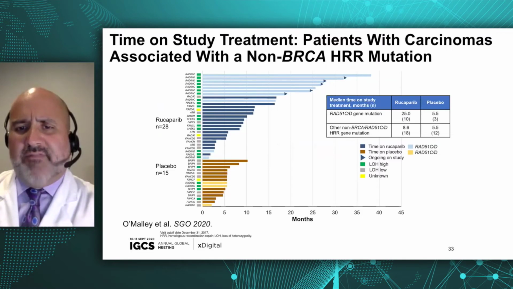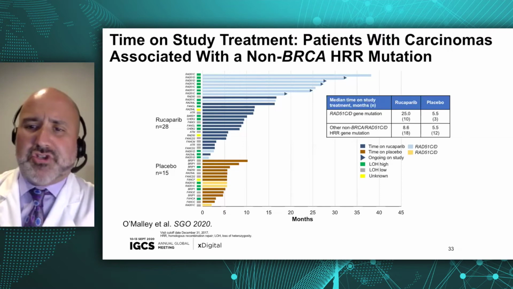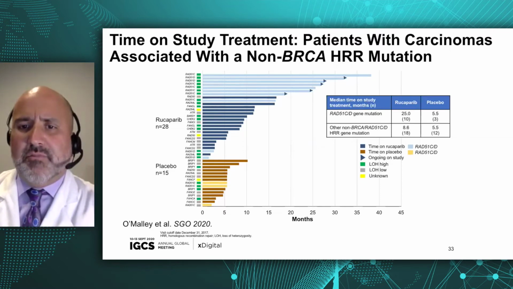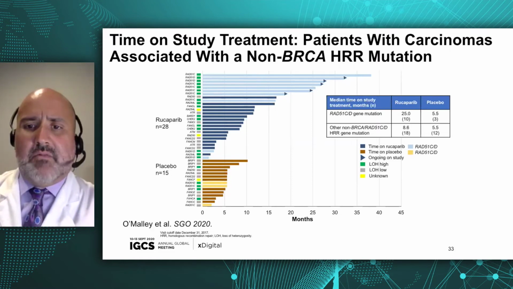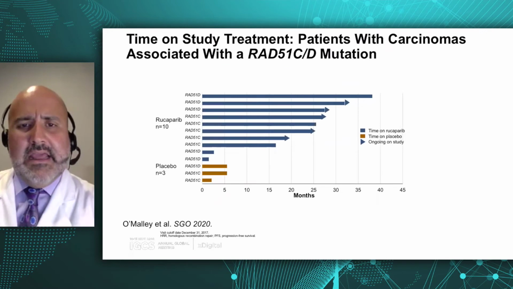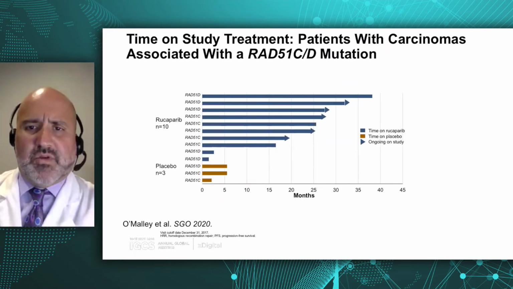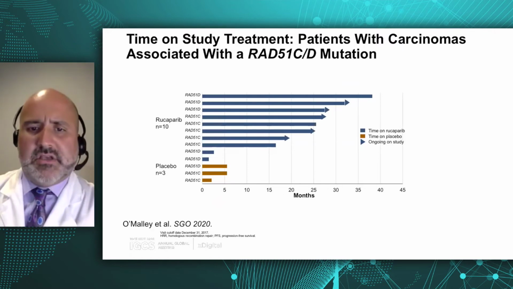For the RAD51C and D gene mutations, it's almost a year and a half improvement in progression-free survival, while the other non-BRCA, non-RAD51C and D is more modest at about 3 months. Now we're down to about 3% of the population with RAD51C and D, but 8 of those 10 patients had 12 months or longer progression-free survival, and about half of them continue on treatment at the last censoring.